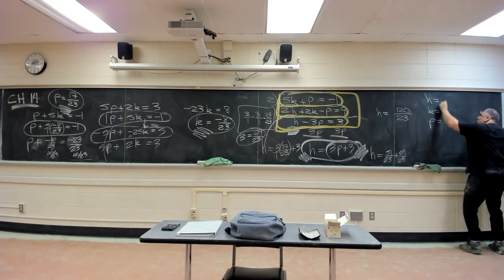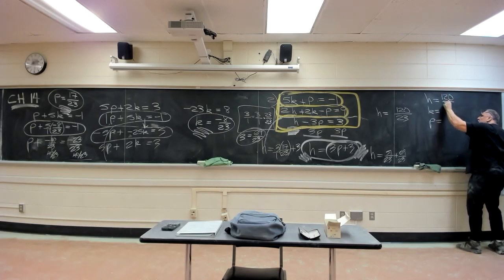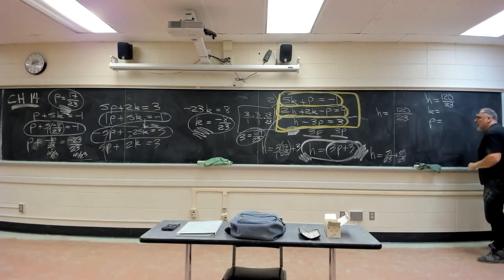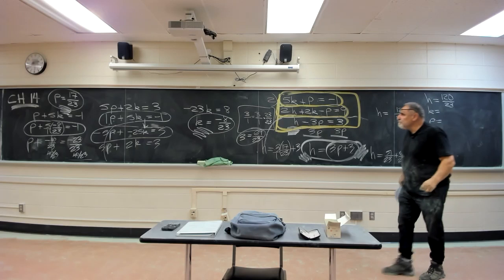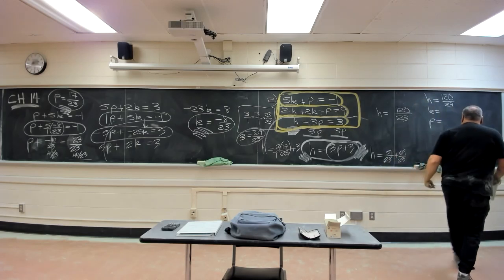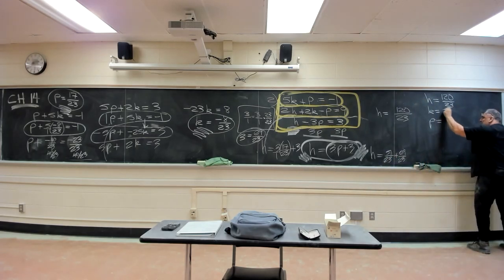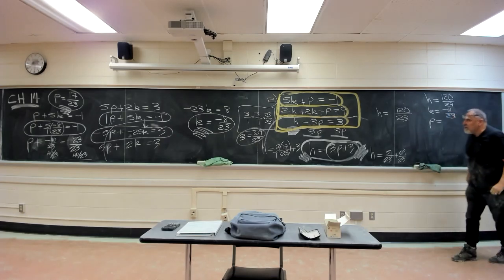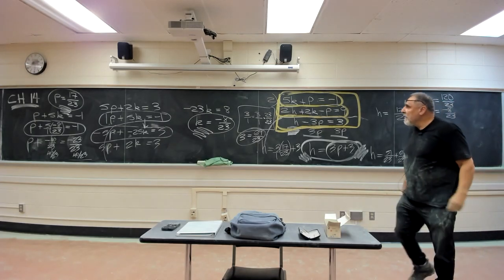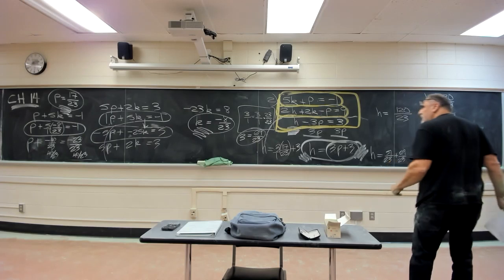I've got 120 over 23. I got negative 8 over 23 for that one. And for P, we got 17 over 23.